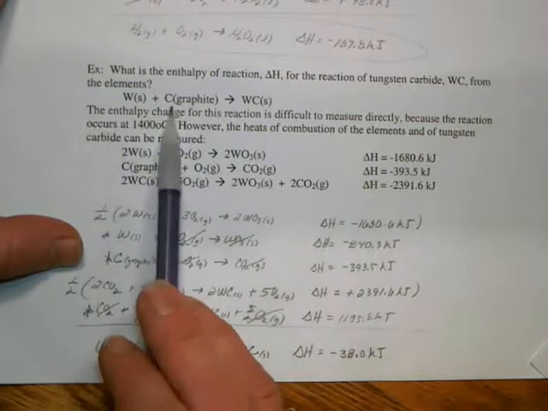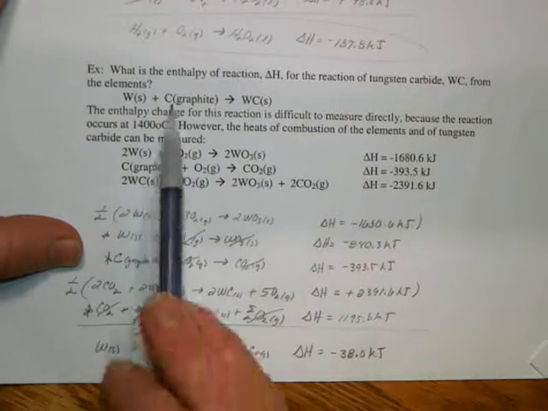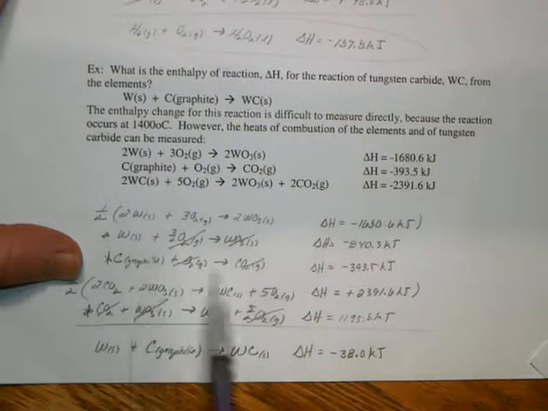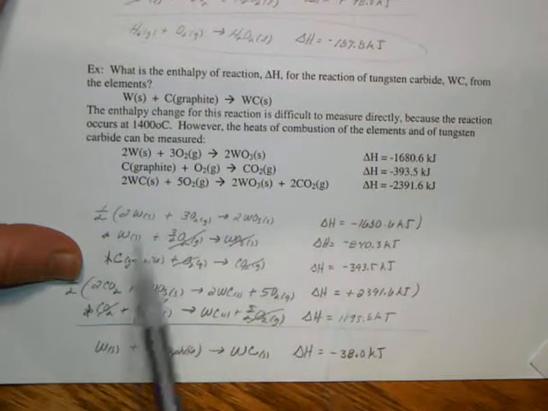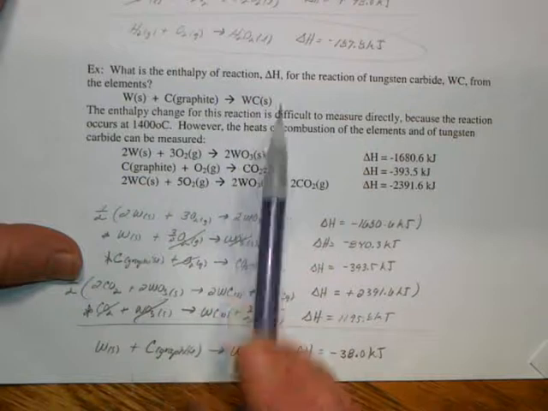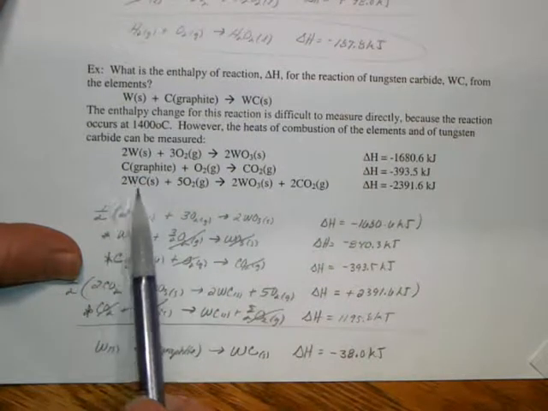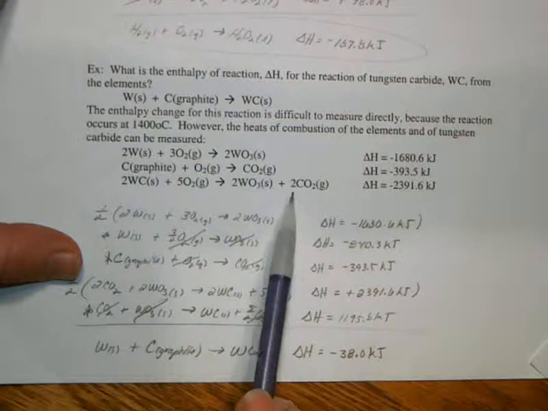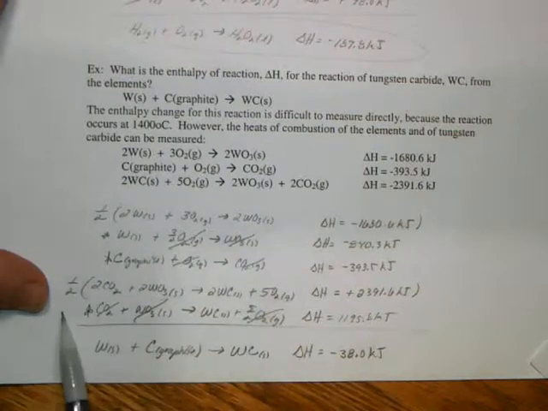I need carbon in the graphite state. Well, that's what I have here. 1 mole, 1 mole. I don't need to do any changes to that second reaction. I need 1 mole of this tungsten carbide solid. Well, this is the reaction that gives me the tungsten carbide solid, but I need it as a product. So I need to flip my reaction, but I also need to multiply through by 1/2.